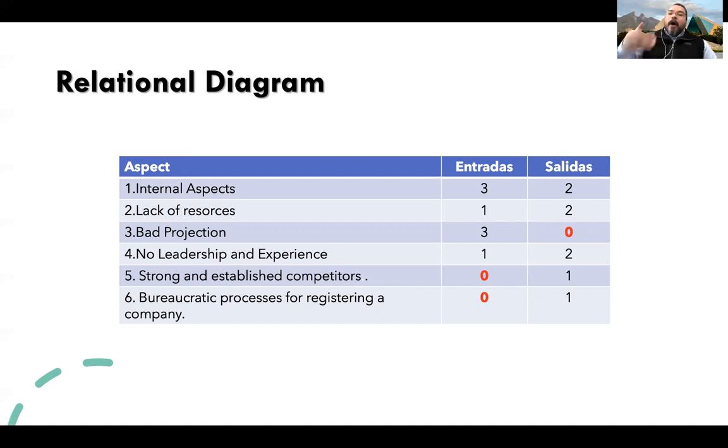So when you are trying to solve a problem, you are going to focus on the aspects that have no ins. For example, you are going to work on strong and established competitors, how to break that problem, how to solve that problem. You are going to work on bureaucratic processes for registering a company. How are you going to solve that?